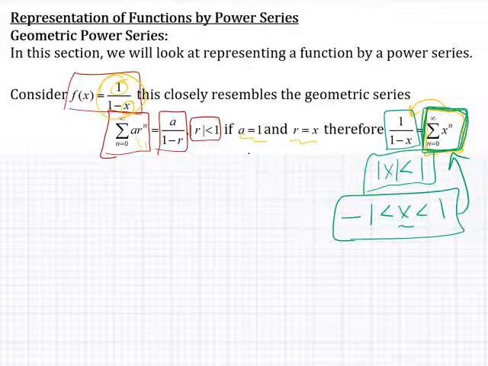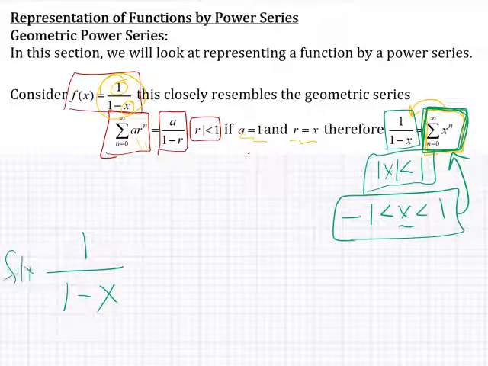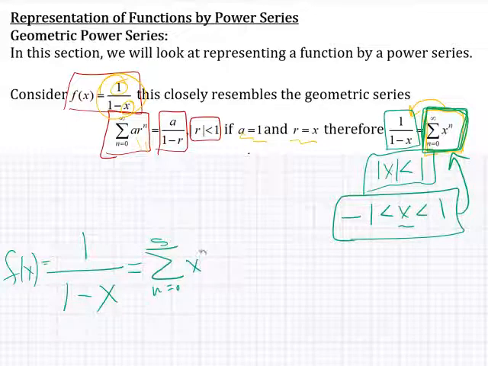So what we just did is we said that this function, 1 over 1 minus x, which we've seen multiple times before, all throughout our algebra days up through calculus, is represented by this power series, n equals 0 to infinity of x to the n.